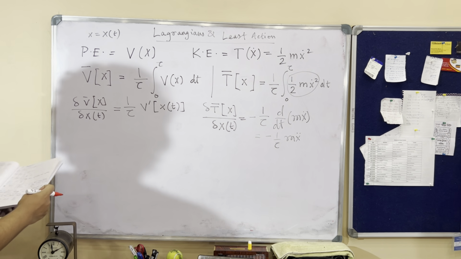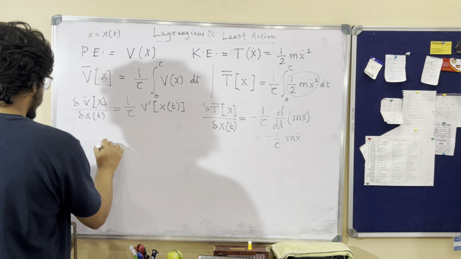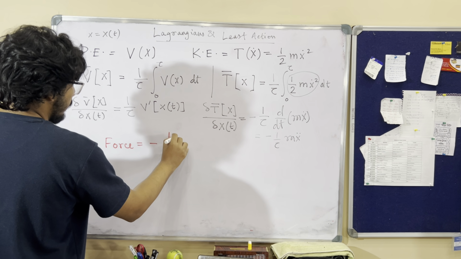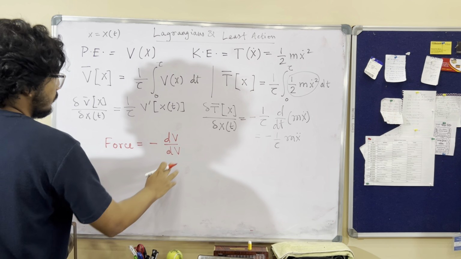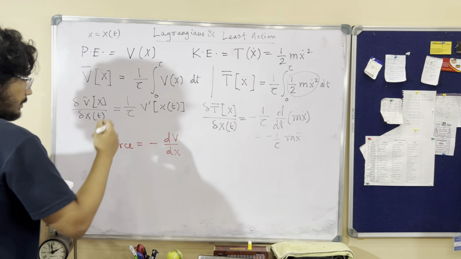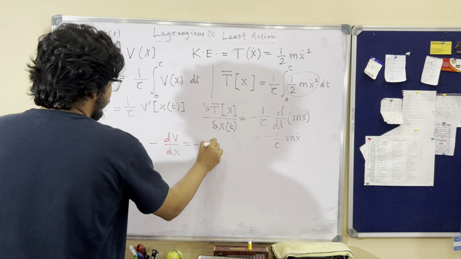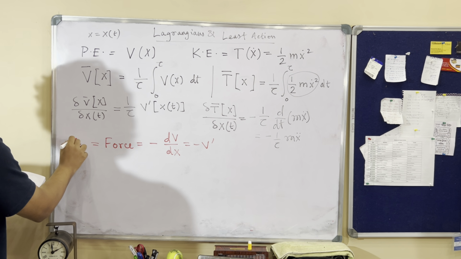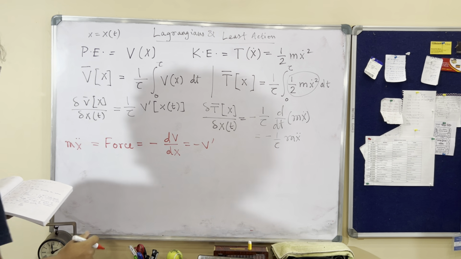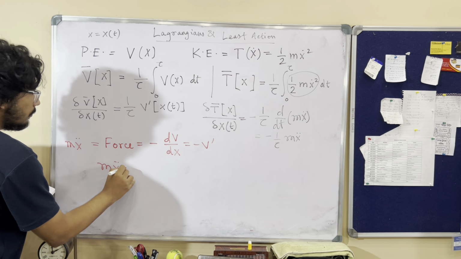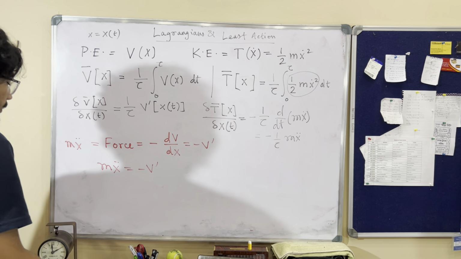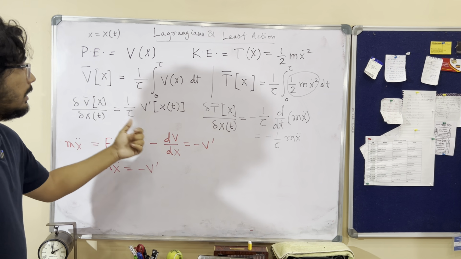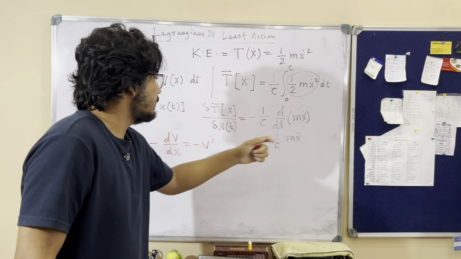From Newton's laws, we know that the force is the negative of the differentiation of the potential, or we can say it's the negative V prime, and force is nothing but mx double dot. So mx double dot will be equal to minus V prime, and if you see carefully, V prime is what we have got here and mx double dot is in this expression.